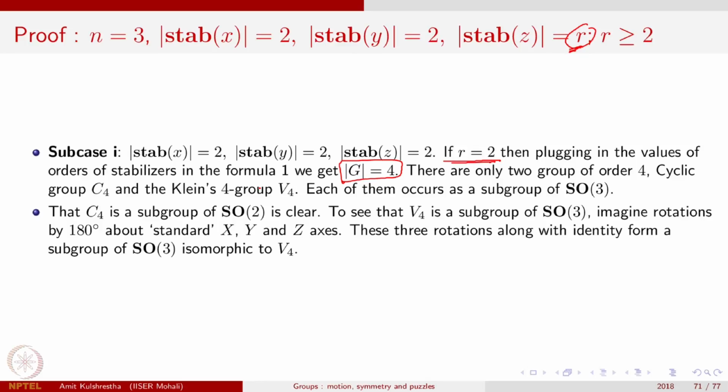Now as you know, there are only two groups of order 4. One is cyclic group and another one is Klein's 4 group. Cyclic group is certainly there in SO3. What about Klein's 4 group? Klein's 4 group is also there in SO3.